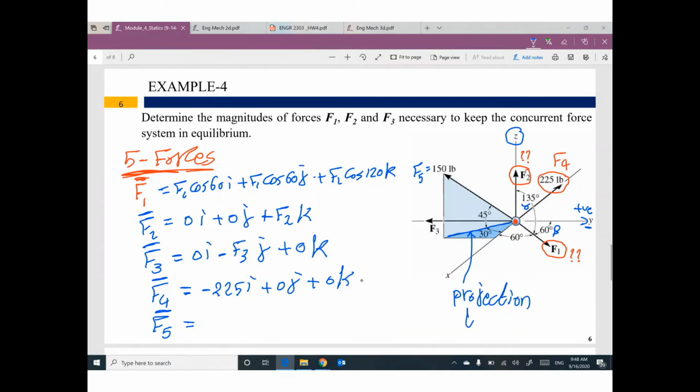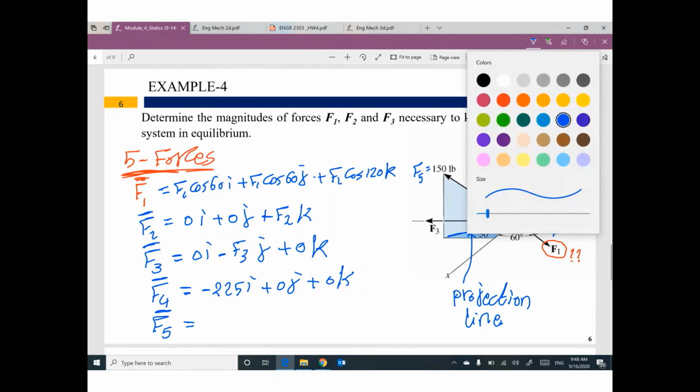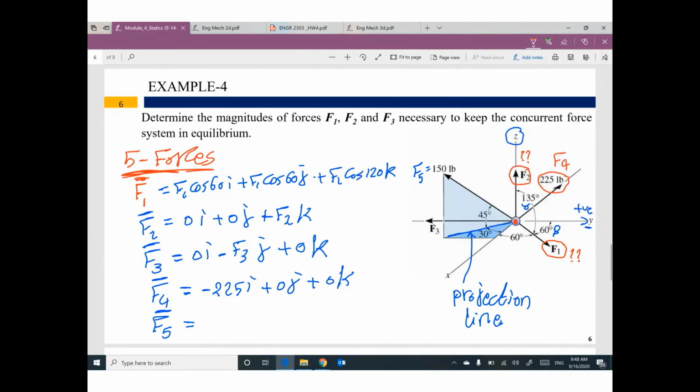First step, we need to break this force between the projection line and the z-axis, using this angle, 45 degrees, between the force and the projection line. The projection line is adjacent to 45, so this component will be 150 cosine 45. That means the z component will be 150 sine 45. This is the first step.